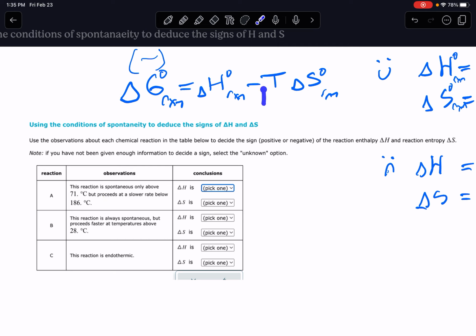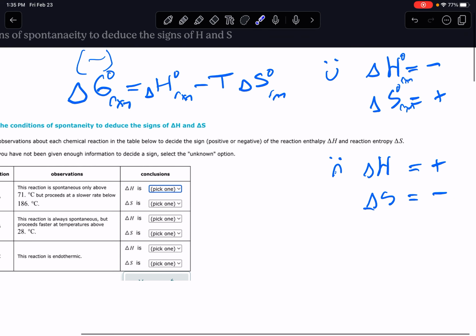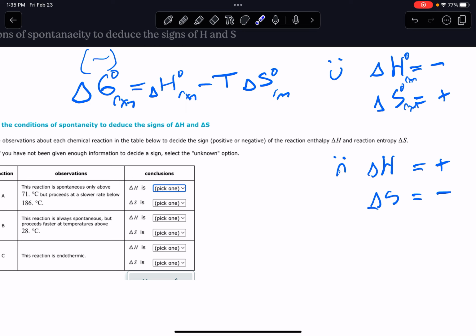So as the temperature goes up, the reaction goes. And additionally, if the temperature goes down below 71, the reaction stops. That must mean that the S is determining whether or not the reaction goes. If it goes up, the reaction goes. That means that the entropy must be good for us. In other words, we're dealing with a positive entropy.